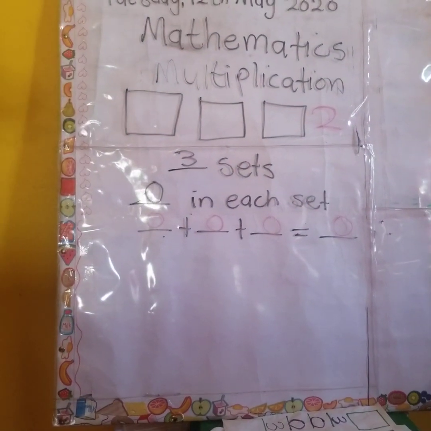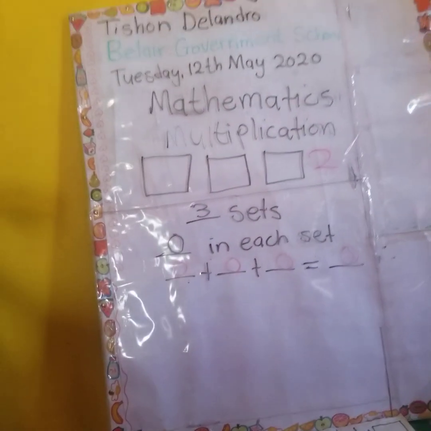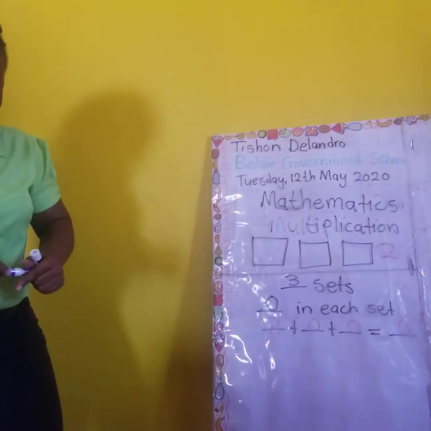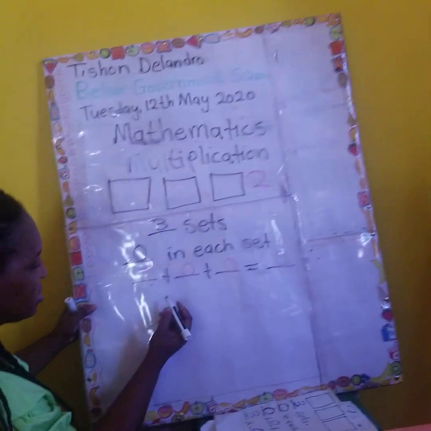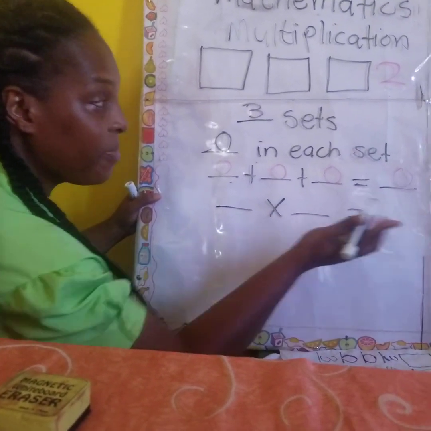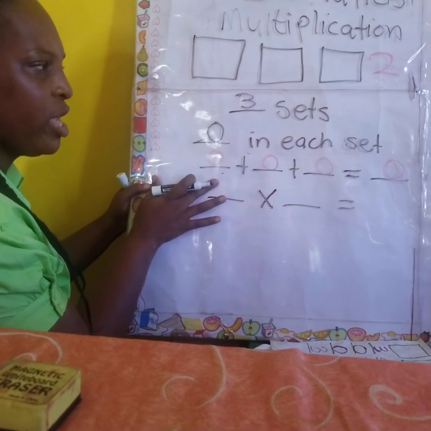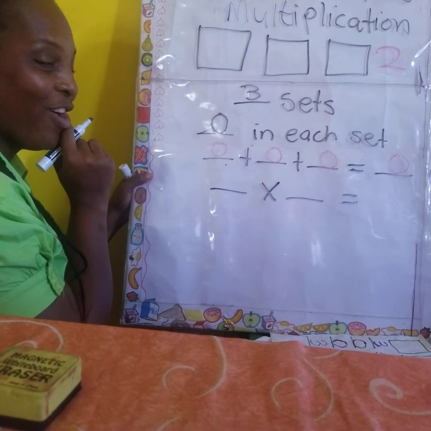Very good. And now we say we can do the repeated addition and we can also multiply. Okay? So we have to multiply. Something multiplied by something gives us something. So what do I have to put here again? The number in each set? Oh, you're right.